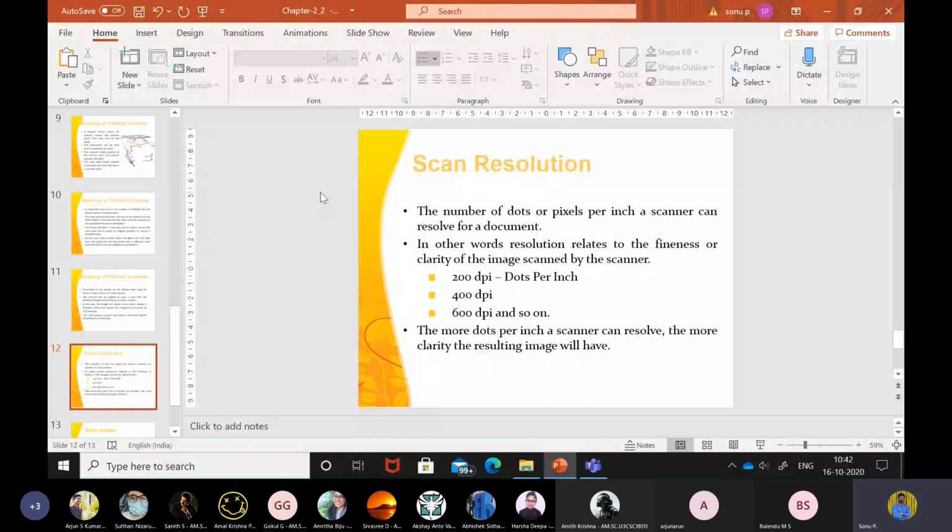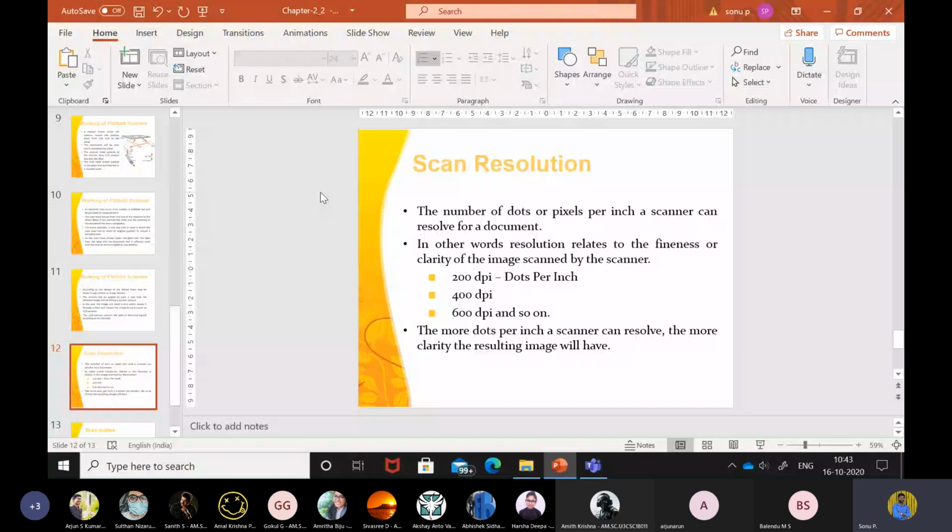Whenever the dots per inch increases, it will provide maximum clarity and maximum detail of the information, the image, or the object. 200 dots per inch means 200 pixels are arranged in a unit square with 1 inch length and 1 inch breadth, or width.